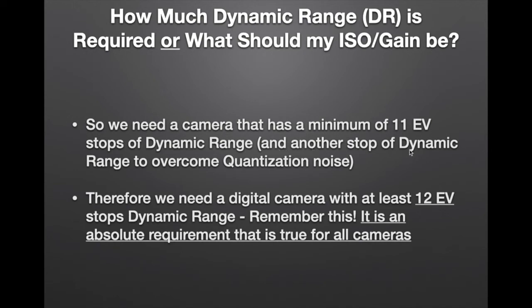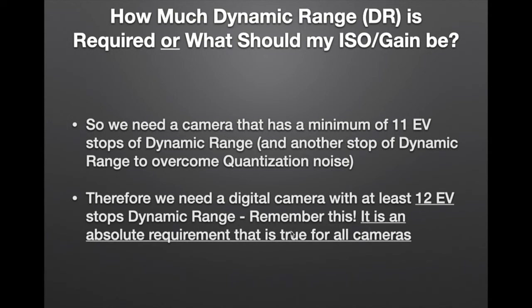And there's another stop of dynamic range required to overcome quantization noise. I'm not going to get into that here, but basically the digitization process creates its own noise, and we call that quantization noise, and it amounts to about 1 EV stop. So we need a camera that is at least 12 EV stops of dynamic range.